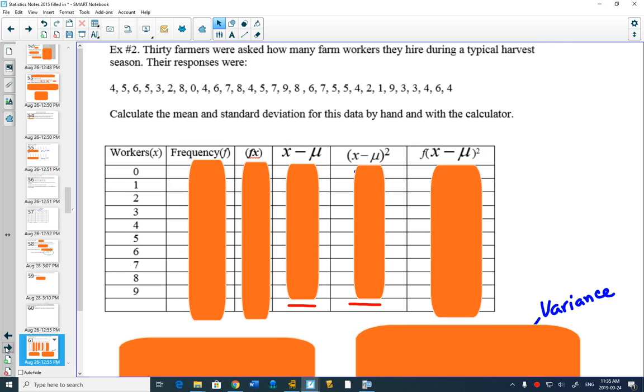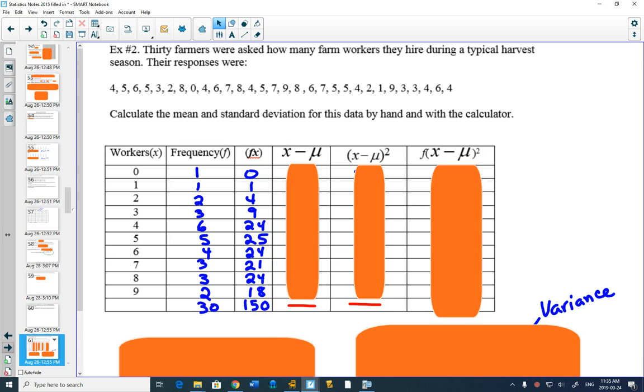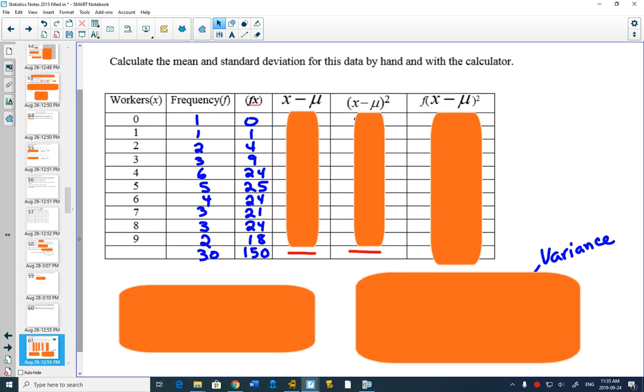Isn't that annoying? So, to save you time, I'll give you those. I'll let you calculate the rest, and then use your formula to find the standard deviation and variance.